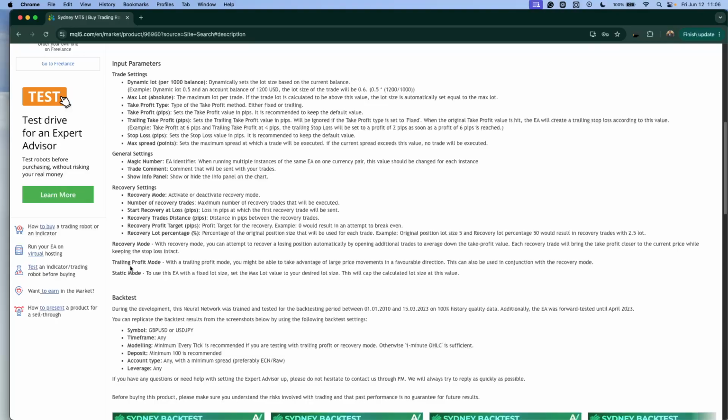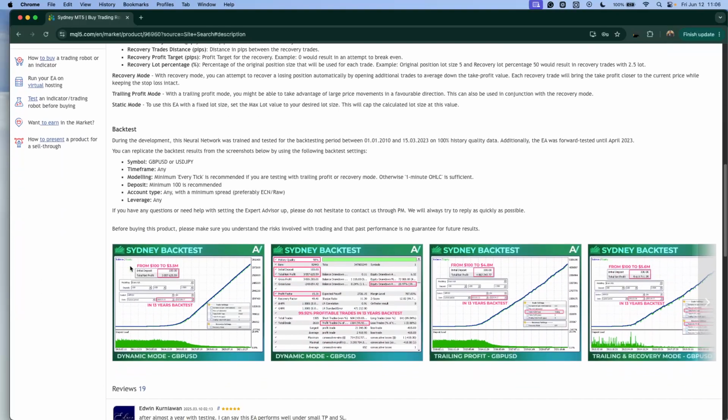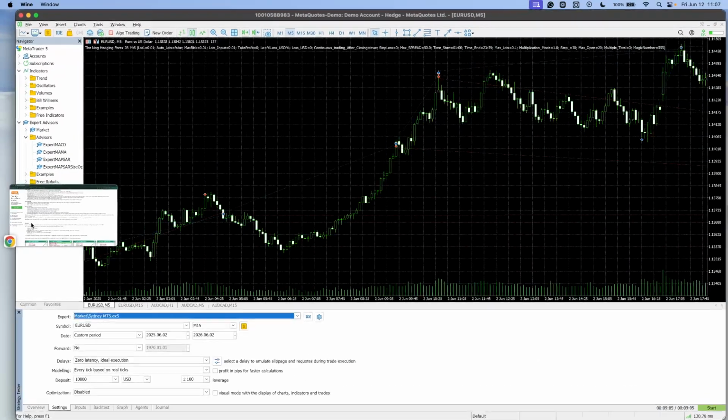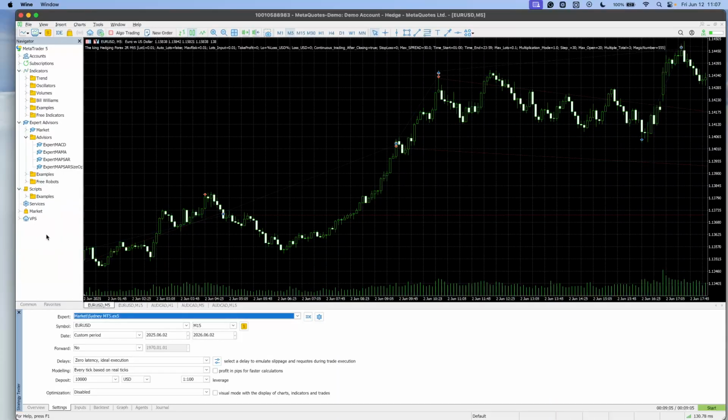They show so much profitability on their page, but I had the opportunity to run this on my MetaTrader 5 strategy tester to see if it actually delivers on its word. I ran it on EURUSD on the 15-minute time frame from June 2025 to June 2026 on a $10,000 starting balance.